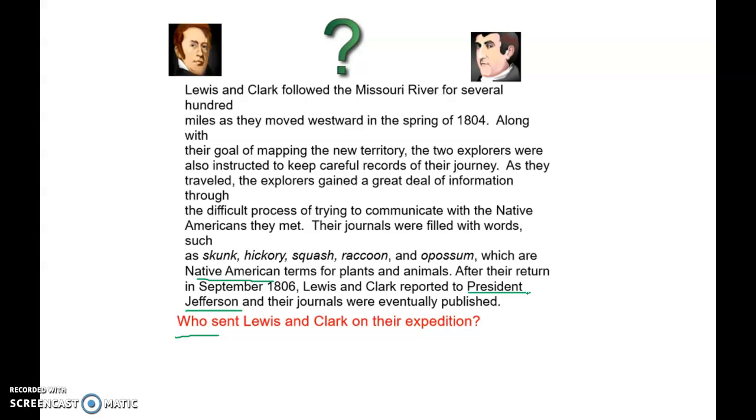And I know normally if somebody gives me a task to do, I give the information back to them. So I can infer that President Jefferson sent Lewis and Clark on their expedition. I know this because they gave the information in the journals back to President Jefferson when they returned. So that is an author and me.